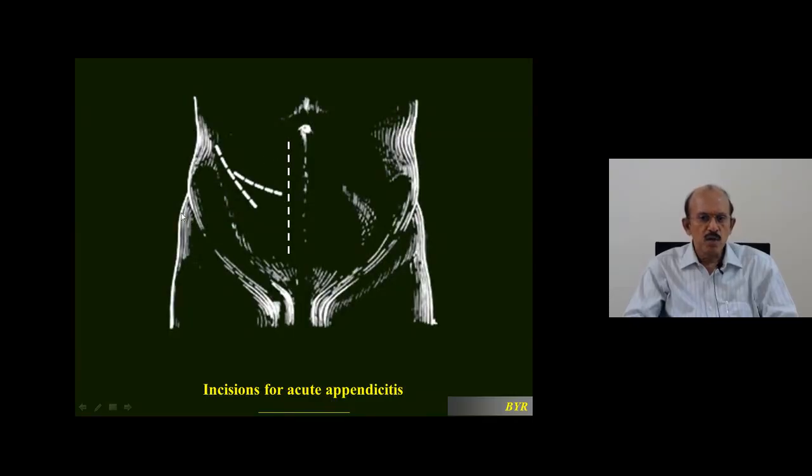So this is the spino-umbilical line. You make a perpendicular incision at the place of McBurney's point. Some surgeons make a curved incision in the skin crease lines at McBurney's point. This gives a cosmetic scar because it lies in the skin crease lines. Of course, if the diagnosis is in doubt, you can go for a lower right paramedian incision. So these are the three incisions that are employed for approaching the appendix.